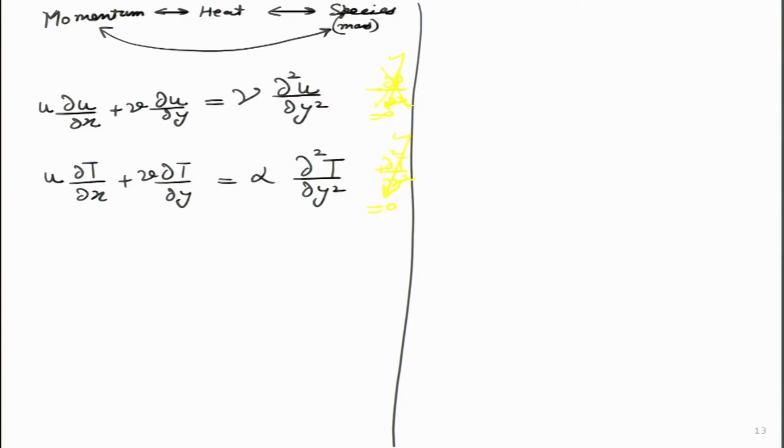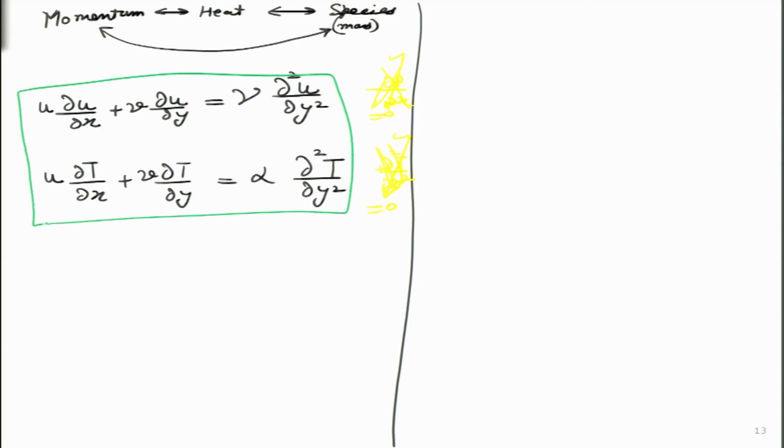So, if some temperature changes by 10 degrees in 7 meters, or if the same 10 degrees takes place in just 1 or 2 centimeters, then the gradient in one case is 100 times higher than in the other. So, the smaller one we can neglect. That is the logic behind neglecting this term. All these yellow terms we are neglecting, and we are just focusing on these two equations, one for the momentum, the top one, and one for the heat.